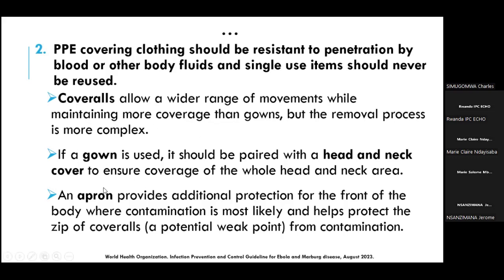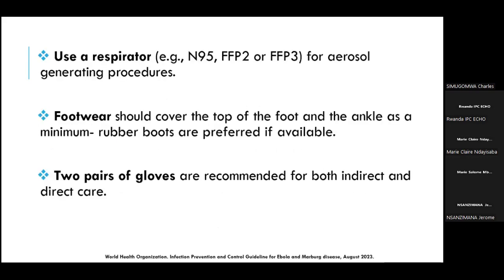And we have an apron that is added to the coverall because the area of the zip on the coverall is a potential weak area that can cause transmission of the virus, because it is not waterproofed. Though the coverall itself is waterproof, at the zip area, it is not waterproof. That's why we add the apron.